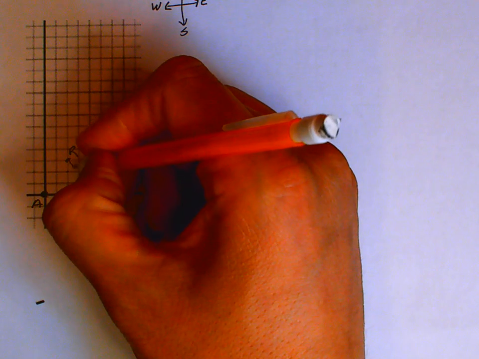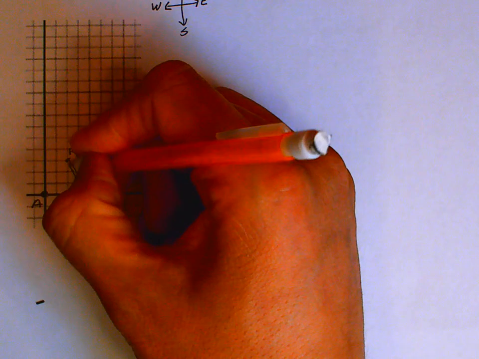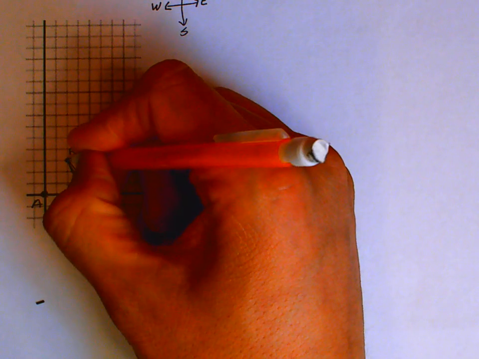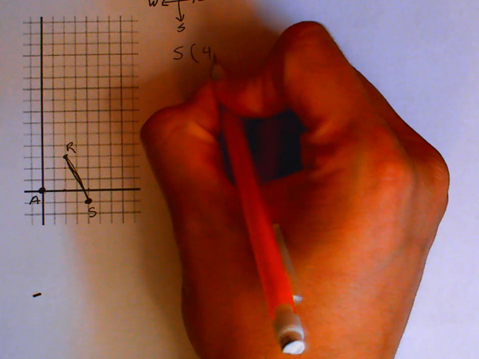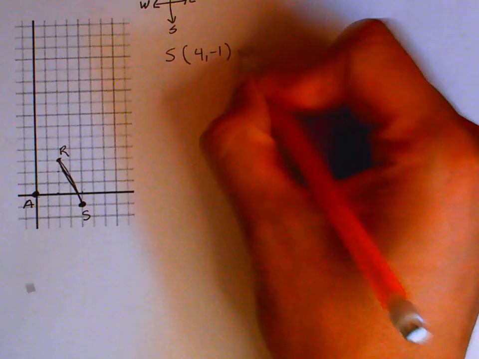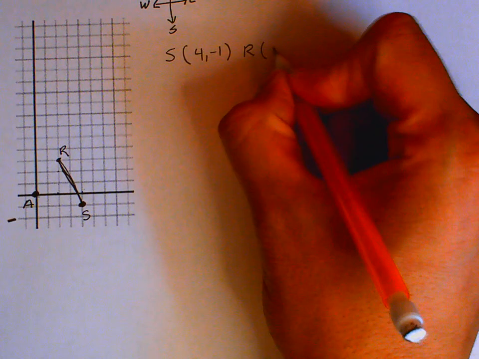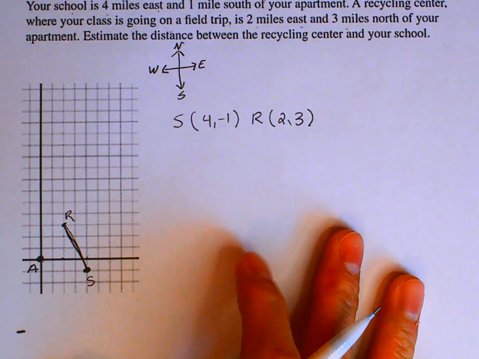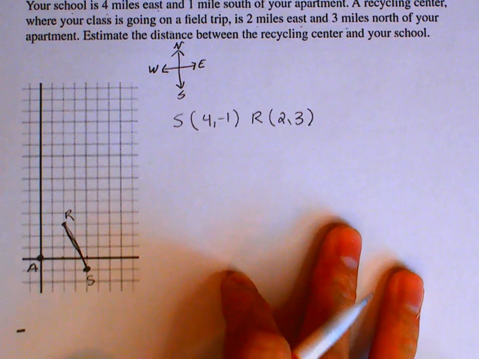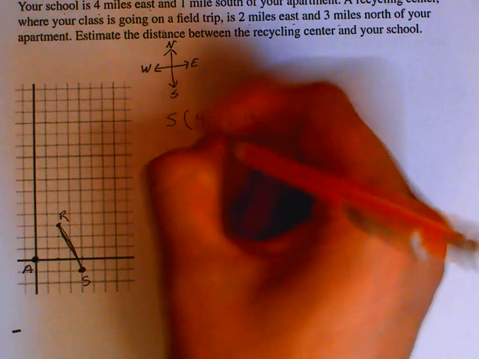Now, what they want to know is the actual distance between the recycling center and the school. So let's look at the coordinates. S is 4, negative 1, and R is 2, 3. They're asking me for the distance, so I have to use the distance formula.